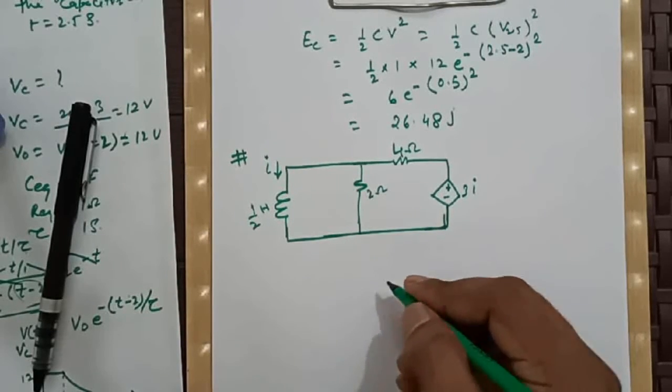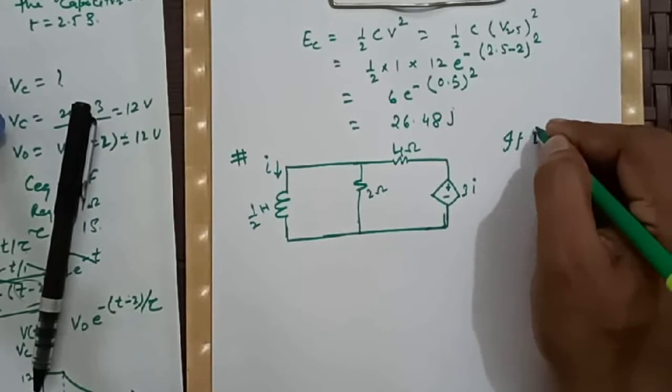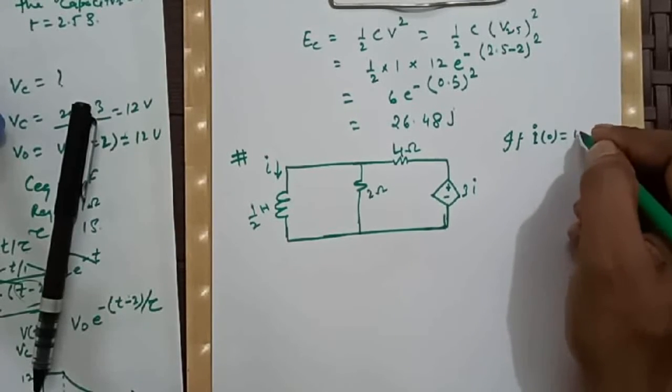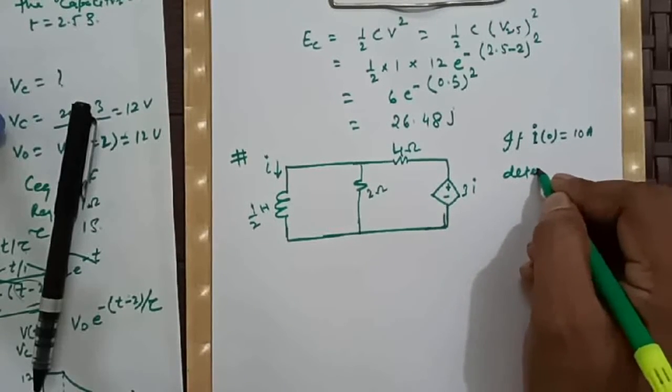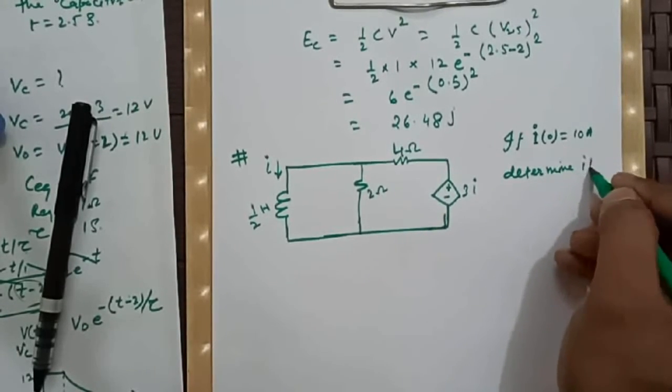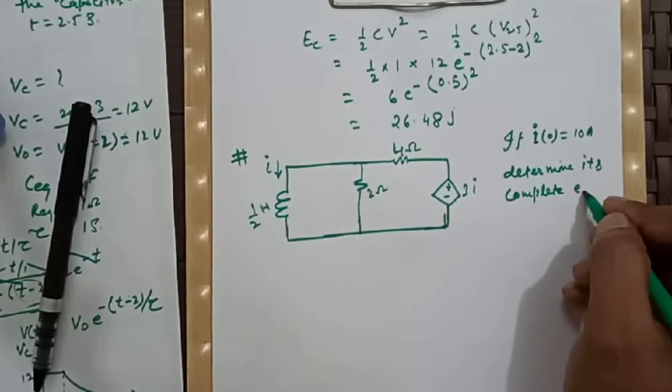The question is, if I naught is equal to 10 ampere, determine its complete expression.